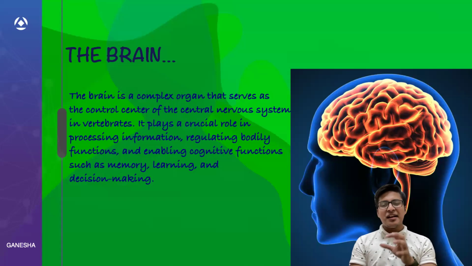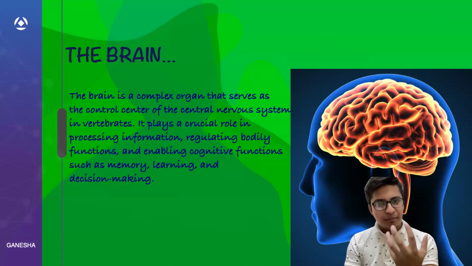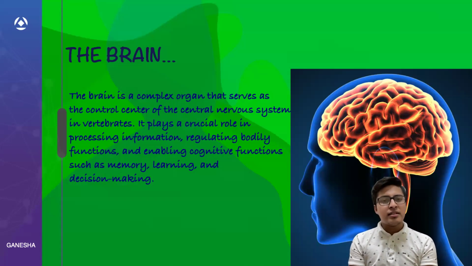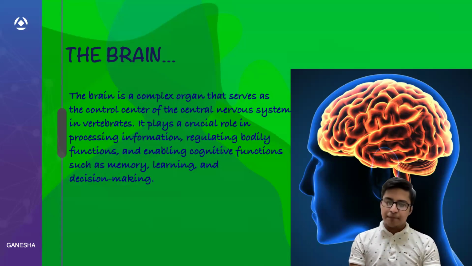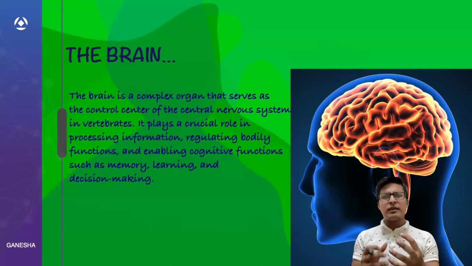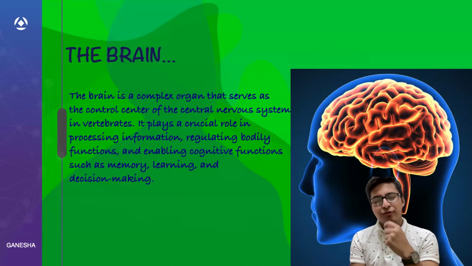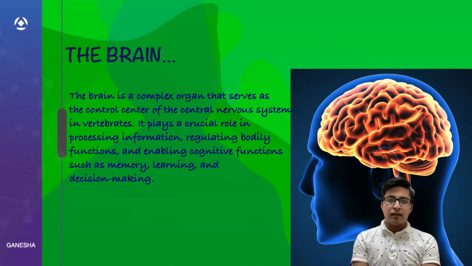This is basically to define the brain of the computer. What is a brain basically? In human beings, in any animal, in any living being, it is a complex organ that serves as a control center. And what do we mean when we say control center? It facilitates all the activities of the body. That is the very basic purpose of the brain.